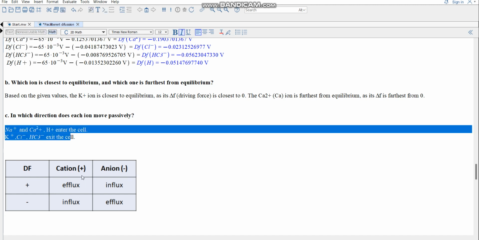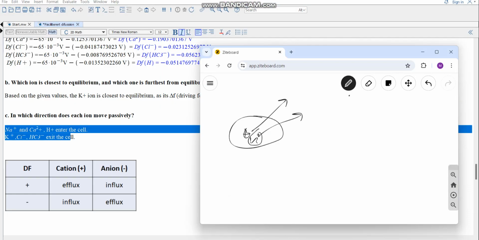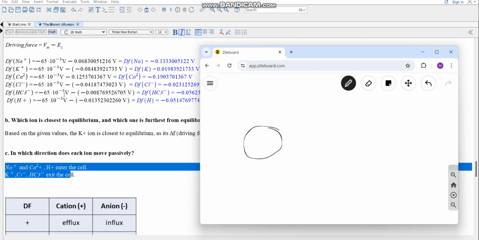However, if you don't have this table here, I want you to remember a thing. Let's take potassium as an example here. So suppose we have potassium, look at the driving force, it's positive.